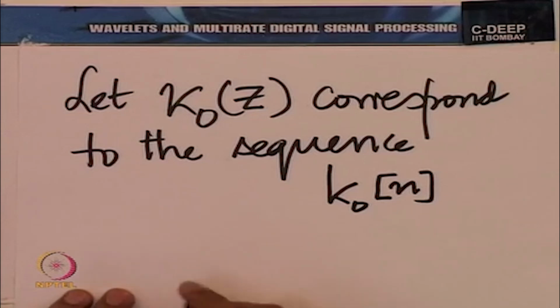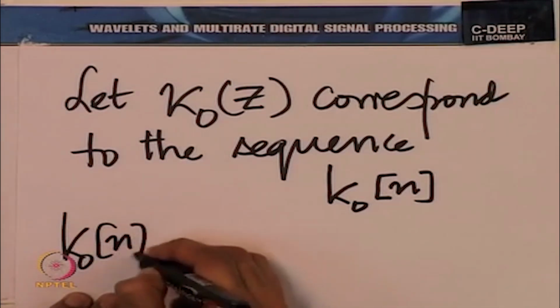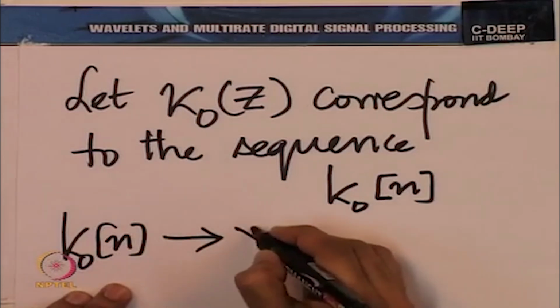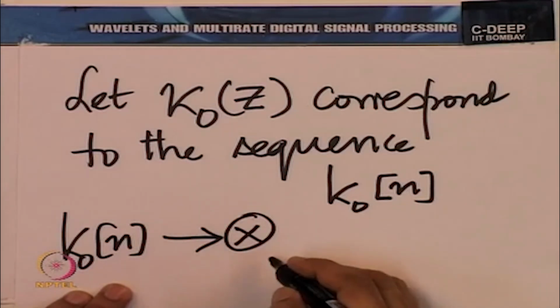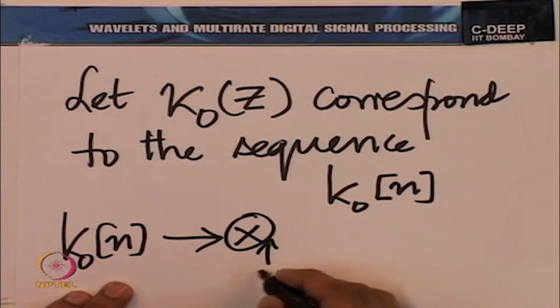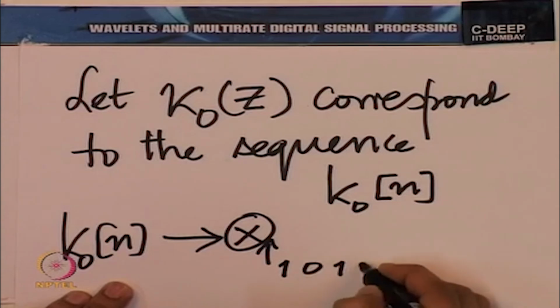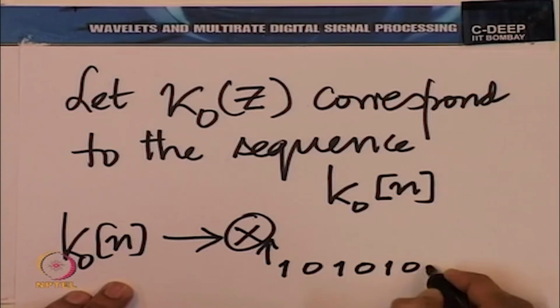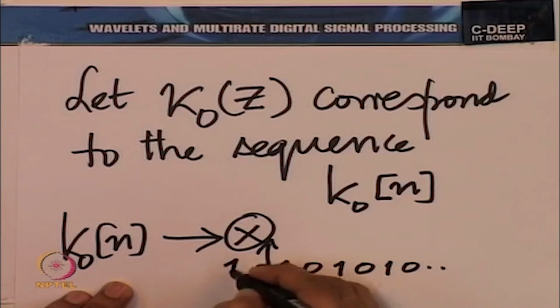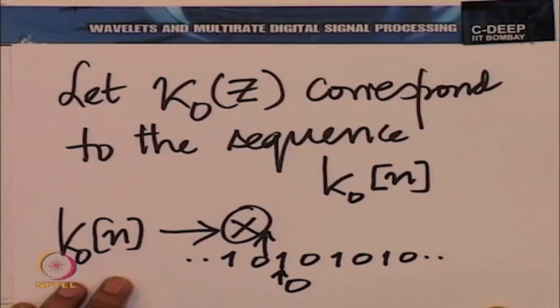Then what we are saying is that when this sequence is modulated by a sequence which is 1 at the even locations and 0 at the odd locations, it is something interesting we are doing.